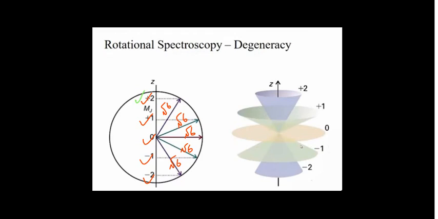If it is rotating in that manner, this will produce this cone, the +2 value around the z axis. Now if this is +1 rotating, it will give you this particular cone. This is the center one, 0, which is a circle. Then this is your -1 part, another cone, and this is -2 for the last one.